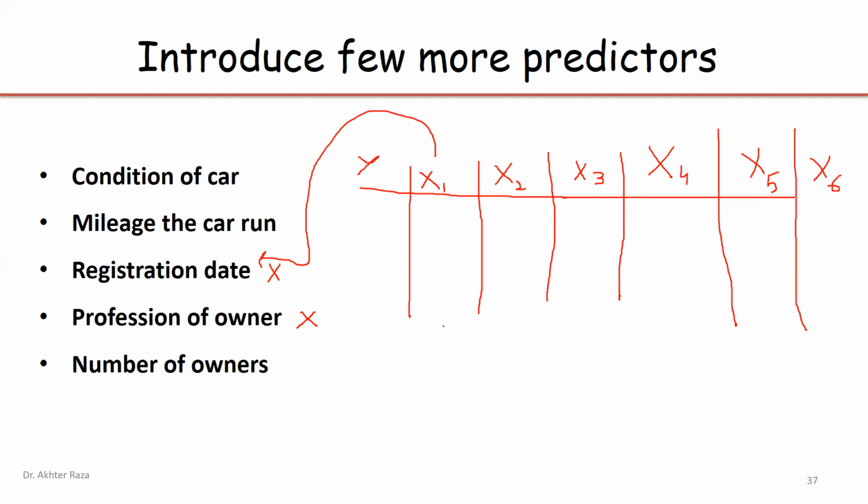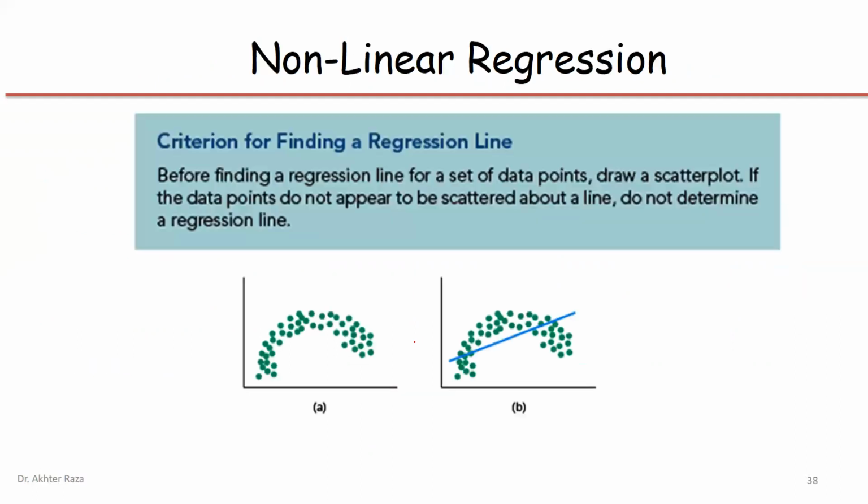We will discuss multiple regression in the next video. There may be a non-linear relationship, and if we fit a linear line on a non-linear relationship scatter plot, then the error will be high and we will not get an accurate prediction.